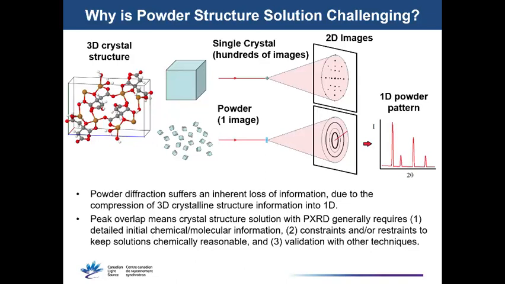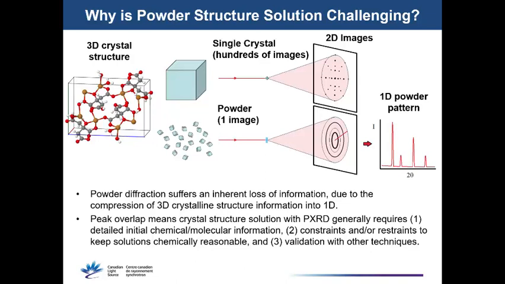So I reminded you this morning, with a single crystal, what you're doing is you're putting the crystal in the beam and then rotating it in very small angular increments to get a whole series of different patterns. So you get every individual Bragg intensity very accurately and with a lot of redundancy. But with powder diffraction, you're basically condensing all of that information into one image. You're merging it onto one image. So peak overlap becomes a much, much bigger problem.